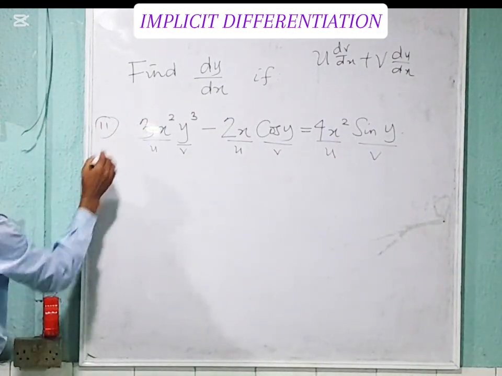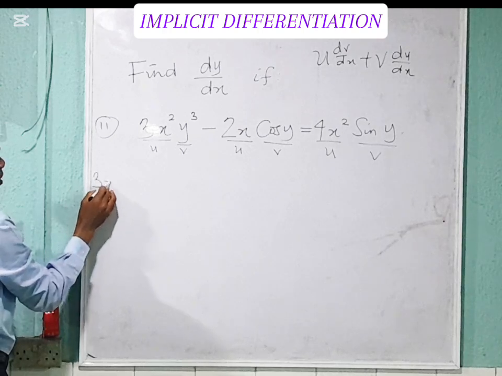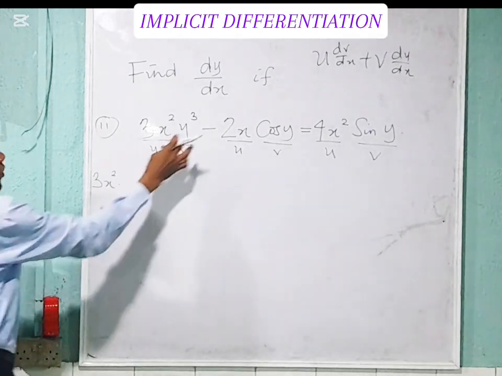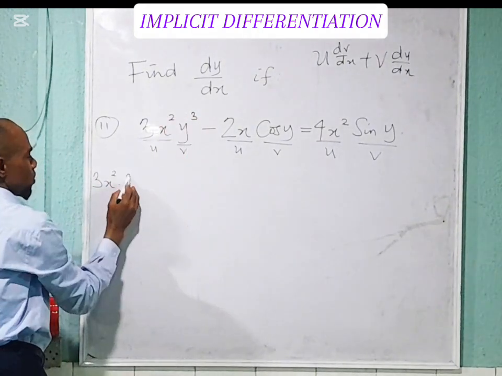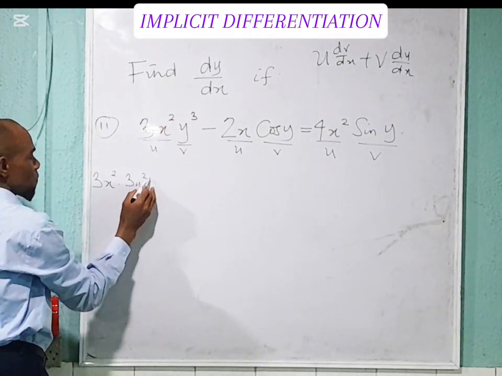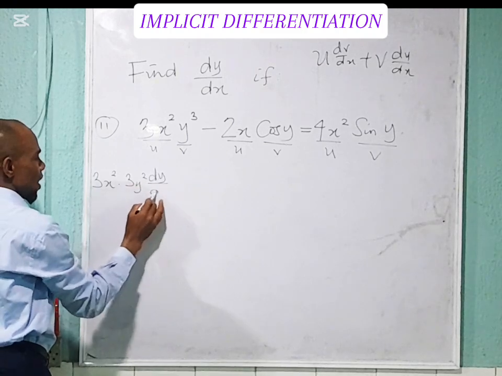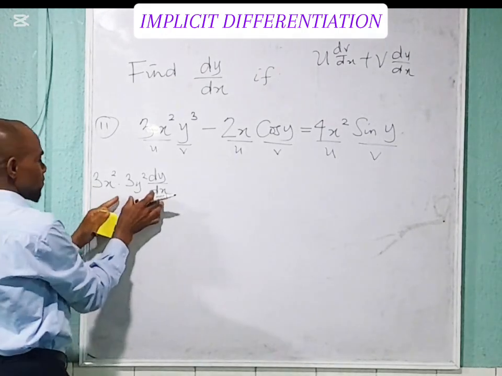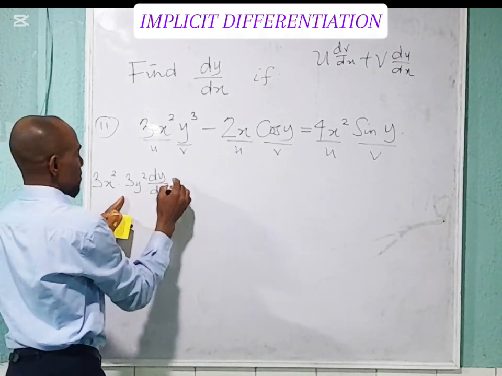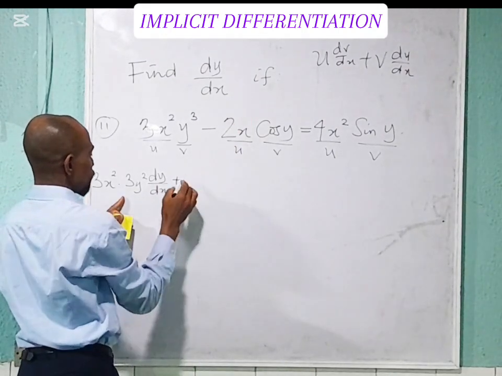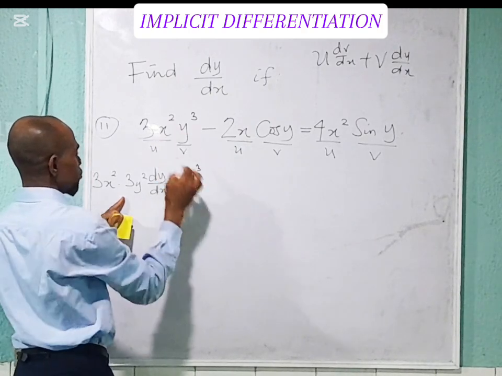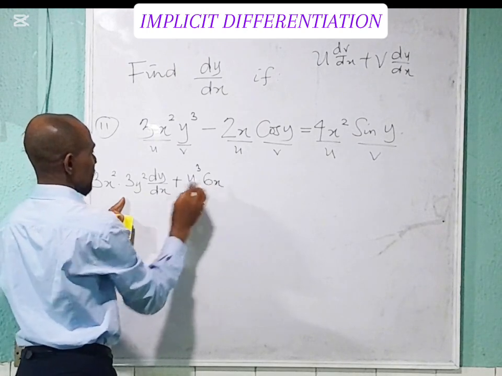So we go u for the first one, 3x squared times, differentiate v here, that will be what? 3y squared. Don't forget the dy/dx. This is my u, this is my dv/dx, plus now swap. We have v this time around, differentiate my u, that's simply 6x.